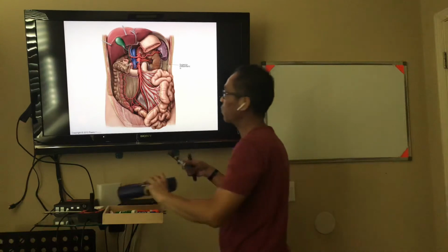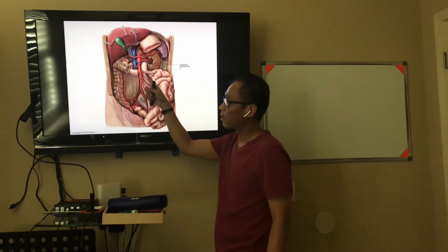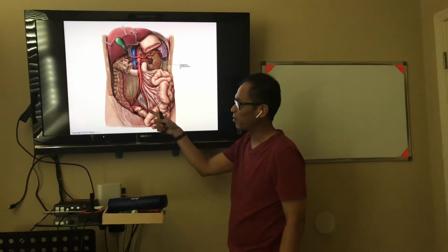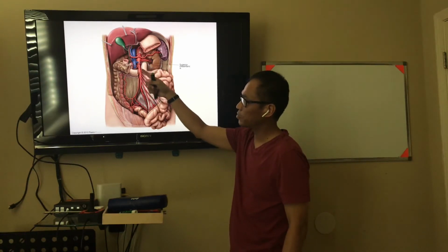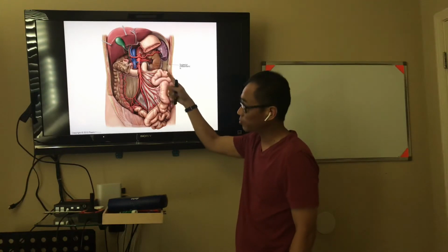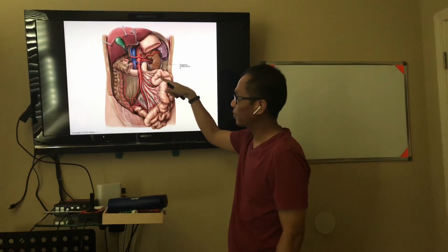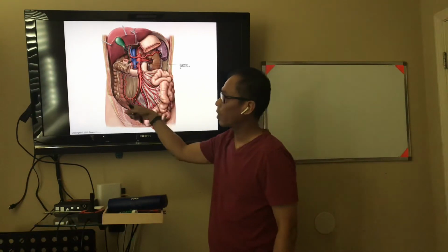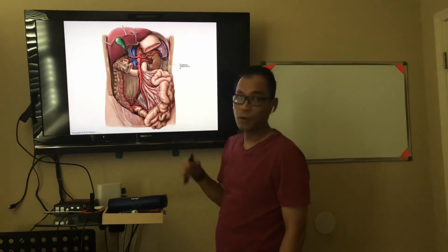Here we see a beautiful picture of the superior mesenteric artery going over the duodenum and all these branches. You don't have to know the names, just call them branches of superior mesenteric artery. So basically, the superior mesenteric artery and its branches are going to supply blood all throughout the jejunum, ileum, and all throughout the large intestine, the colon, all the way up to the left colic flexure.